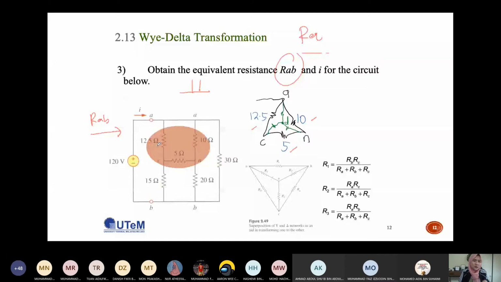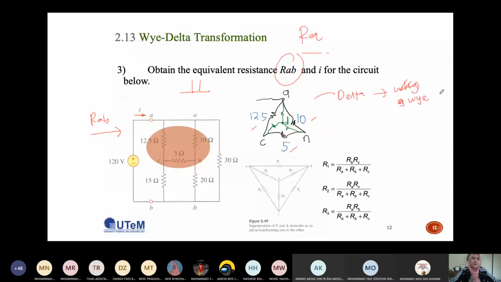So what you can do is convert this delta network into a Y network. Okay, not Y, convert from delta to a Y network.